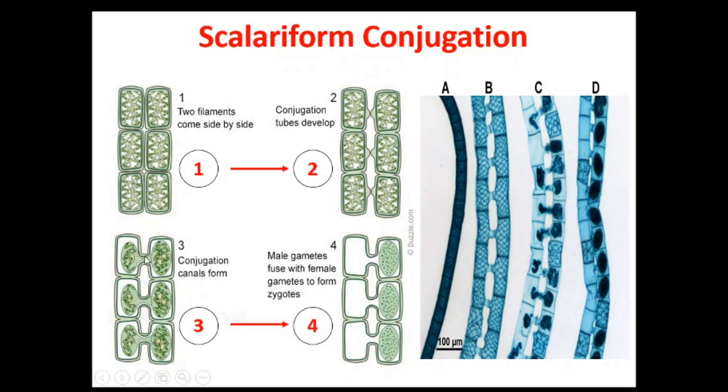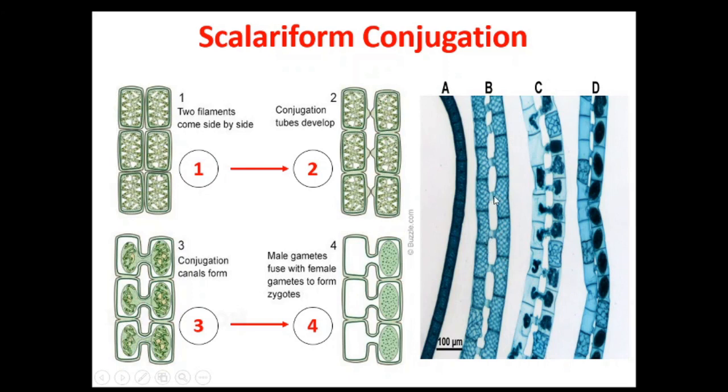Now in the third step, the protuberances fuse with one another, forming the conjugation channels or conjugation tubes. Here you can see the protuberances meeting one another. In this image you can see the protuberances between the cells have fused to form the conjugation channels or conjugation tubes.